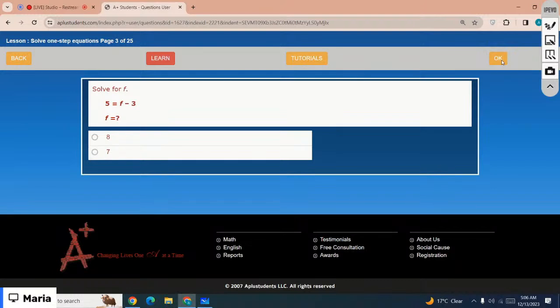Okay, solve for f, which is the correct option?